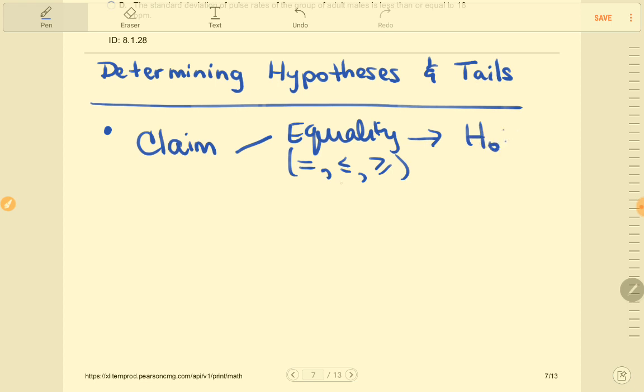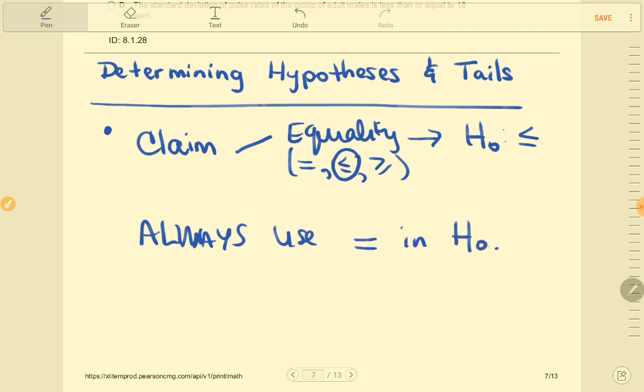Even though your claim has this sign, that does not mean that we're going to use that sign in our null hypothesis, because you always use the equal sign in your null hypothesis statement.